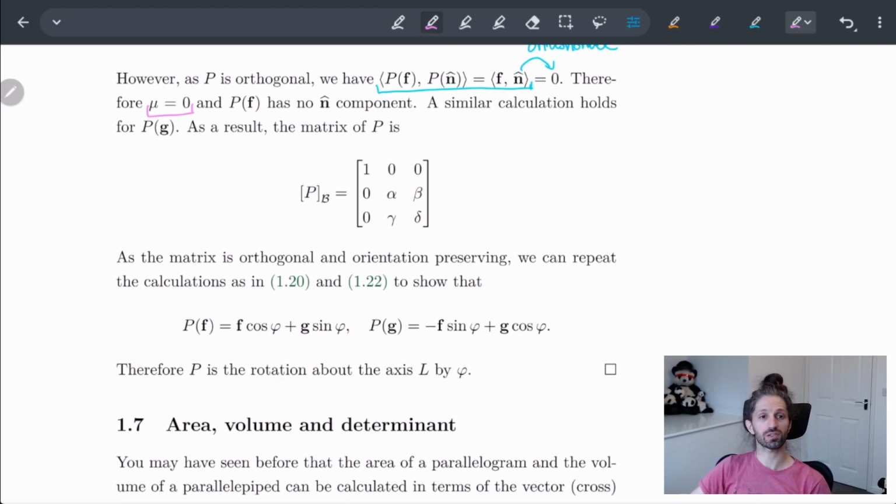So we have 1, 0, 0, 0, alpha, beta, 0, gamma, delta. Now, this matrix is orthogonal and orientation preserving. Now, we can repeat the calculations in 1.2 and 1.22. This was from last week in 2 dimensions. So we're not going to go over this, but this is from last week.